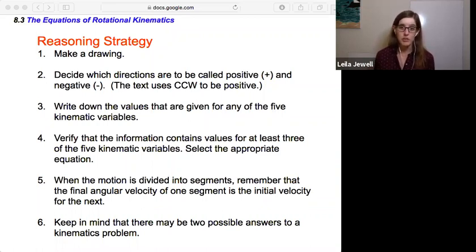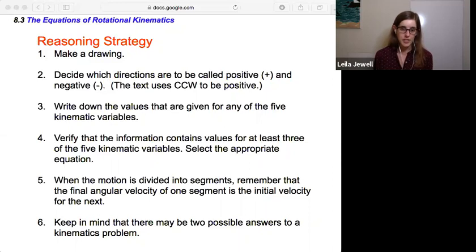So the textbook uses counterclockwise as positive, but as I mentioned, it's a convention. So you can choose another direction as long as you're consistent throughout. I recommend sticking with counterclockwise as positive, clockwise as negative. It often simplifies things. Then you'll write down the values that are given for any of the 5 kinematic variables. This is where I recommend making a table again, just as we did in chapters 2 and 3.